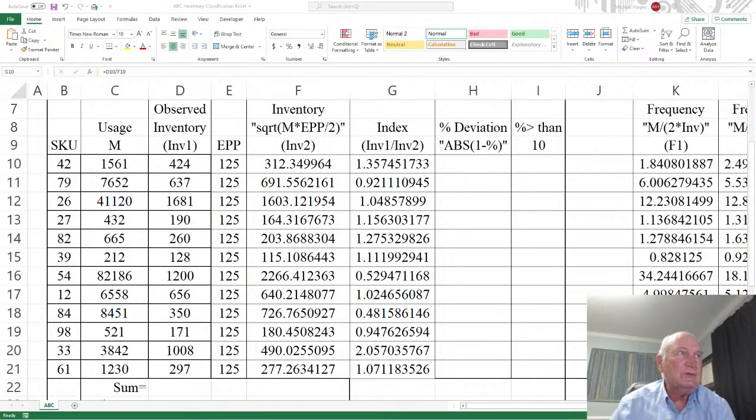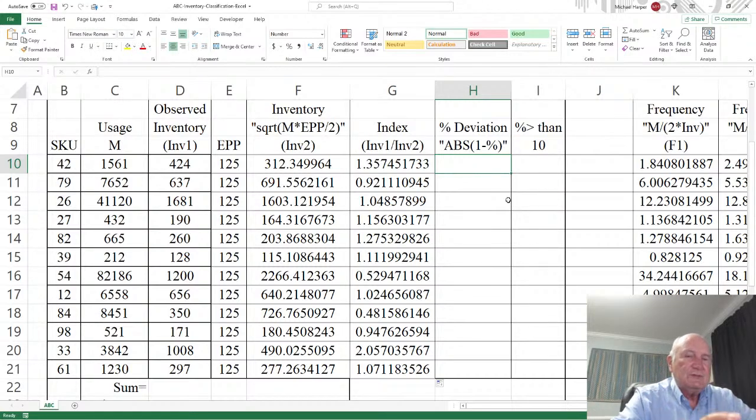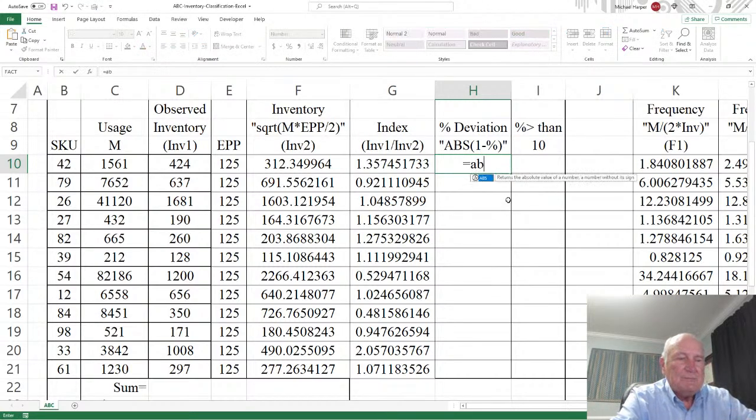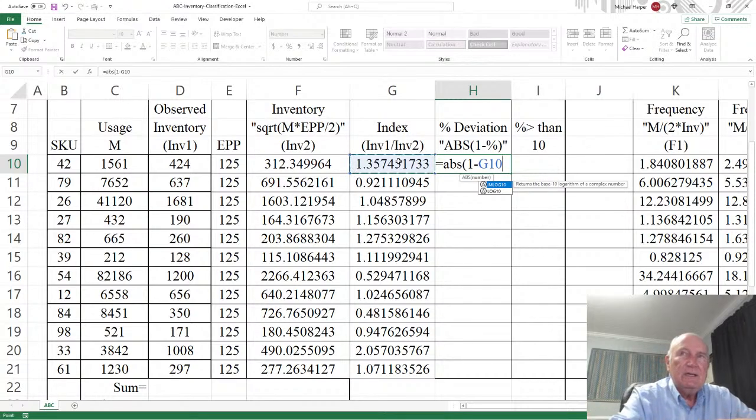Well, the way we're going to do this really simply is just saying, okay, let me just take a percent deviation. So this would be in percentages. So this is going to equal the absolute value of 1 minus this. In other words, if it's equal to it, it's going to be 1.